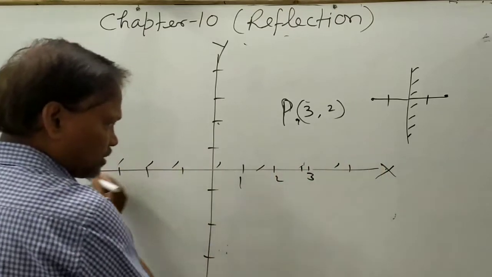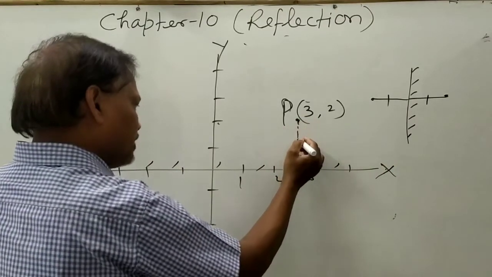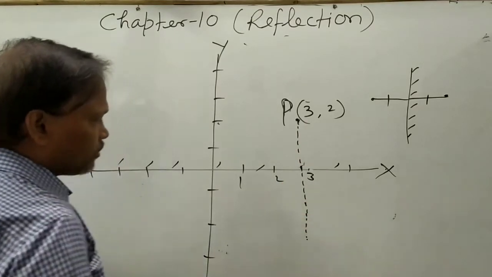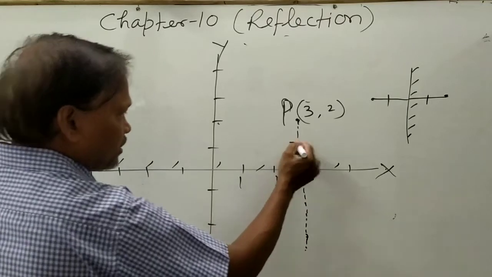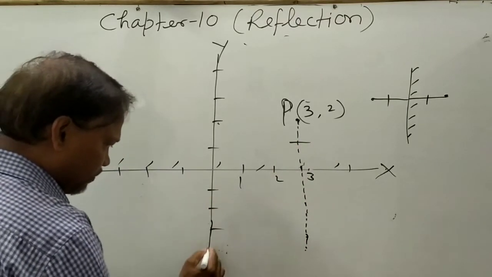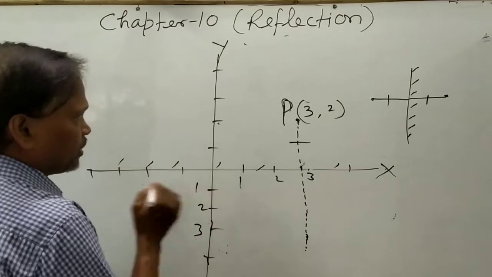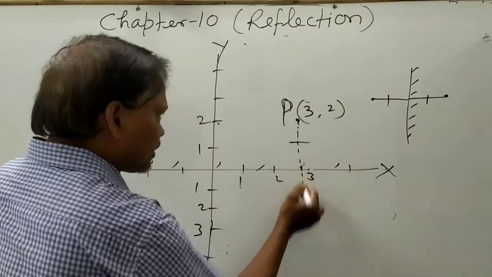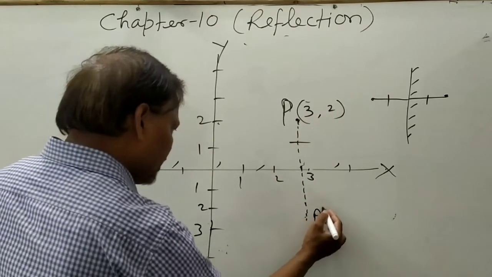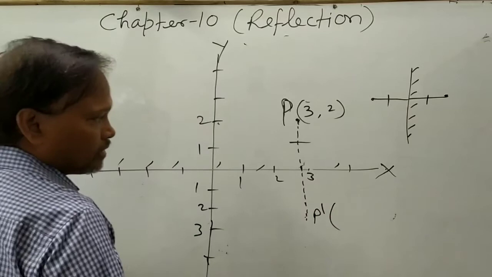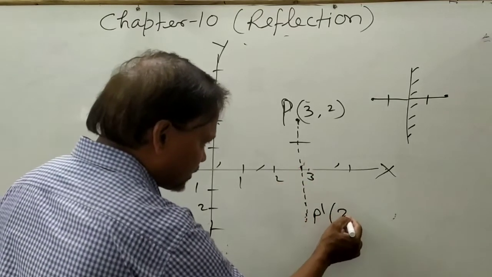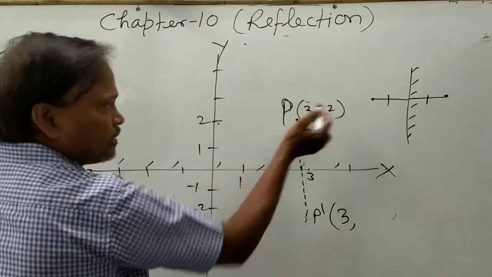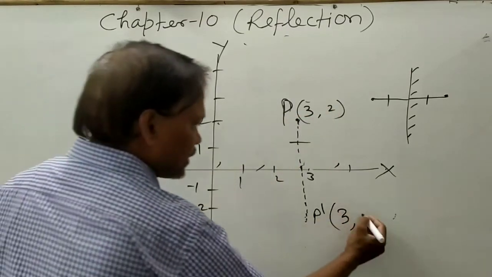If it is reflected through this x-axis, so the image will form like this, and this will be 1, मतलब at the same distance. ये ग्राफ पे जब बनाएंगे बिल्कुल सही बनेगा. 2, 1 है, 1, 2 and this will be 3, 2. तो the image will be, अब 3 तो रहेगा ही, the value of x, that is 3, but the coordinate of y, that is 2, will be changed to -2.